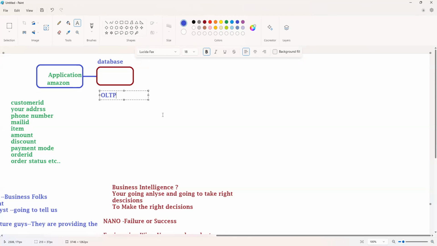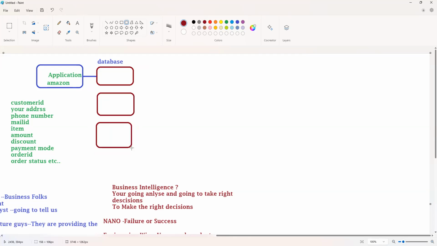Like this, you have n number of systems associated with OLTPs, n number of source systems. It can be any application; I'm just giving the example of Amazon applications, based on their business and domain.